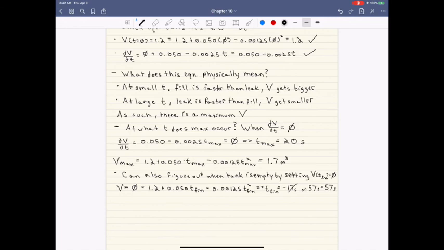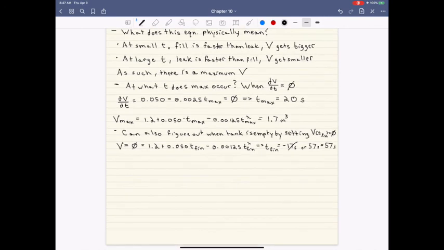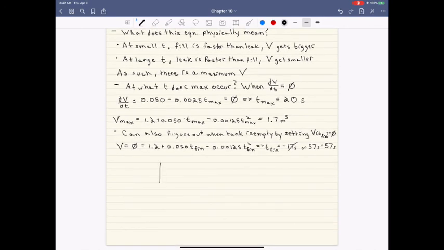Okay? Alright, and so now that we've used our V(t) expression to figure out the limits, or the behavior, of the volume of water in the tank, we can now go out and sketch it. And so here are my axes. Every time you draw axes, you need to immediately start labeling them. So the y-axis is the volume as a function of time, and this is going to be in units of meters cubed.